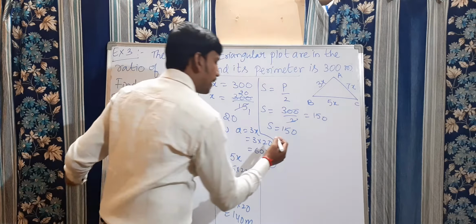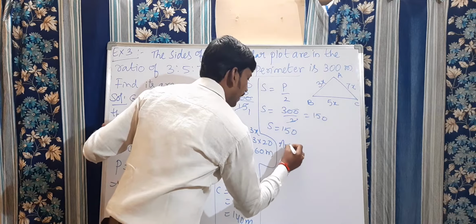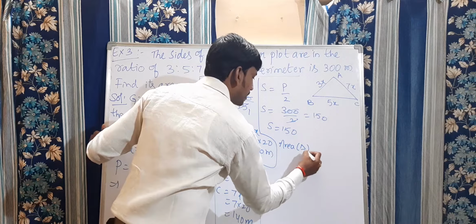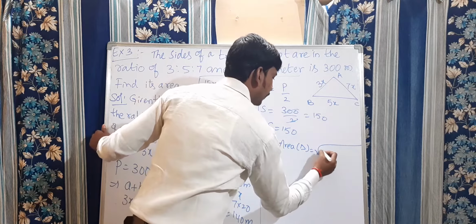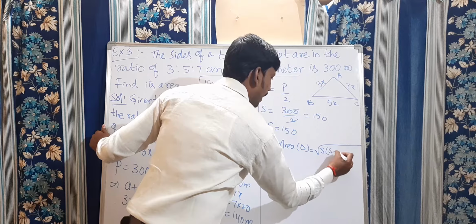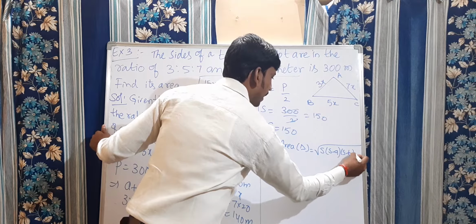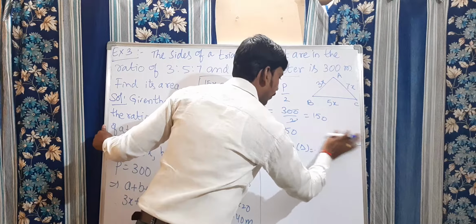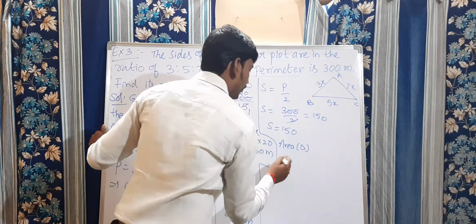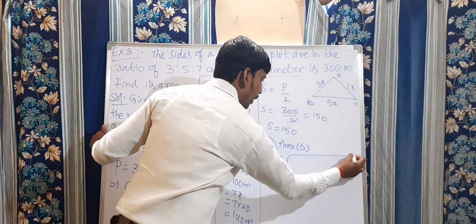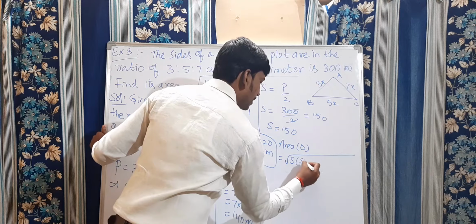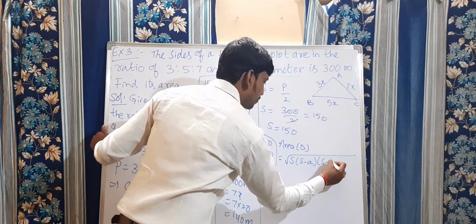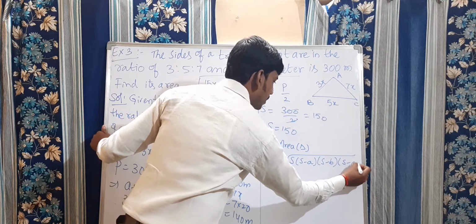Now delta is equal to the area of the triangle. Delta is equal to under root of s into s minus a, into s minus b, into s minus c. Here it is not possible, I'll write it down. Right, my dears? Area of triangle delta is equal to under root of s into s minus a into s minus b into s minus c.